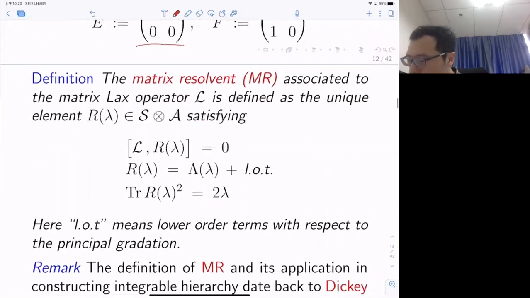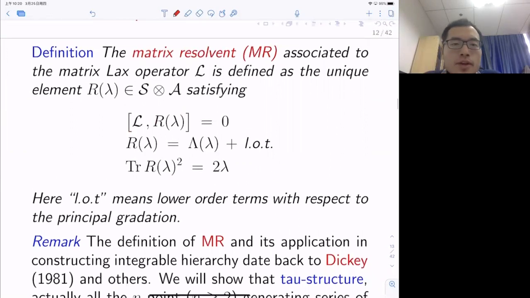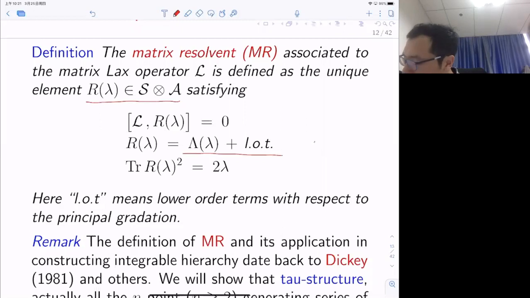Okay, so for us at present, it's just this simple principal gradation. And we define the matrix resolvent associated to the matrix Lax operator L as the unique element such that it satisfies the following 3 conditions, actually 4, because we also give the space where it belongs to. The first condition is the bracket between R and L is 0. The second, which we can consider as the initial condition, is that at lambda near infinity, R starts with capital Lambda.